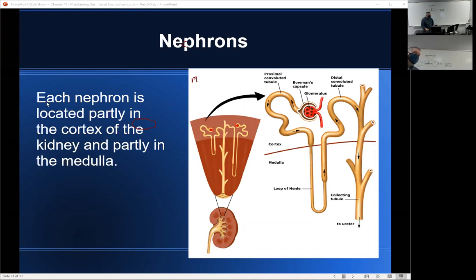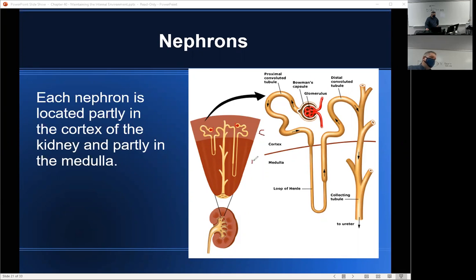Okay, each nephron is partially located in the cortex and partially located in the medulla. Looking here, we can see in lighter brown is the cortex of the kidney.